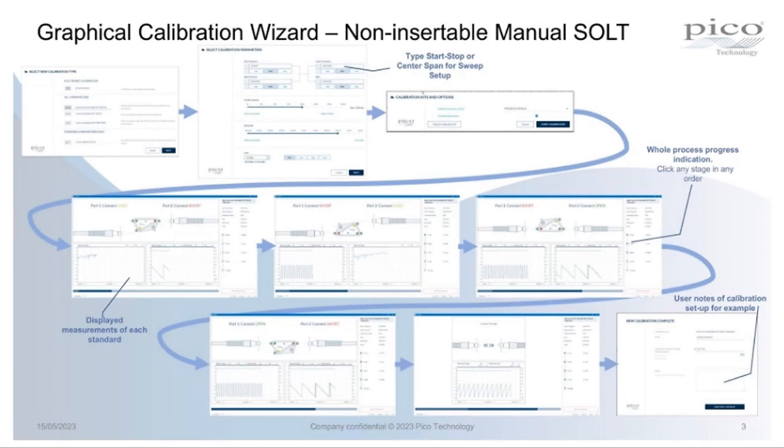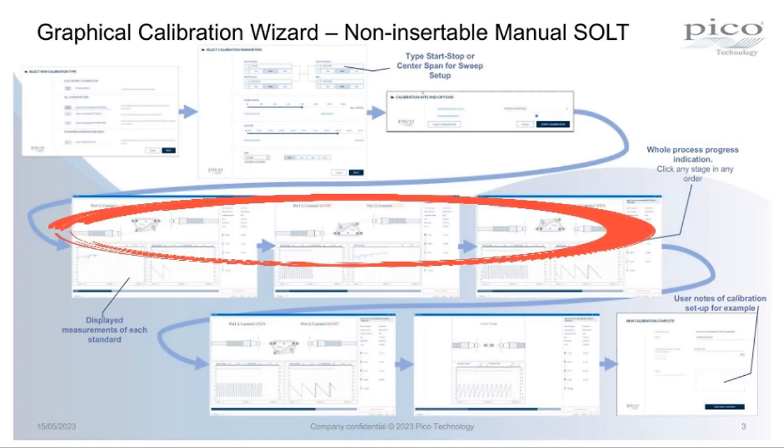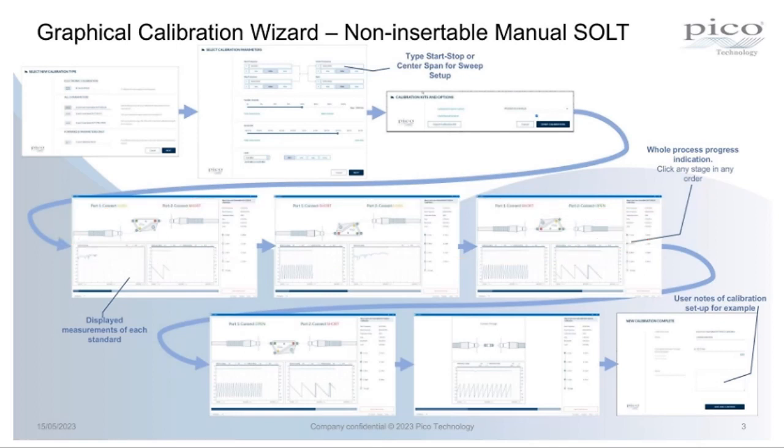More pictures, because pictures are lovely and easy to understand. This is our calibration wizard, and you may already recognize pictures here of our SOLT calibration kits. These are a series of screens that, when you do a calibration on PicoVNA5, lead you through the stages step by step, with a graphical example of how to make your connections.